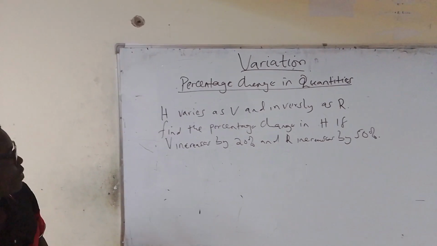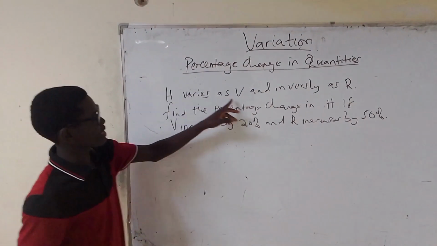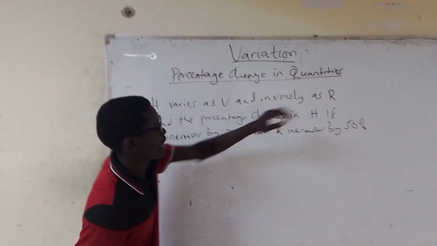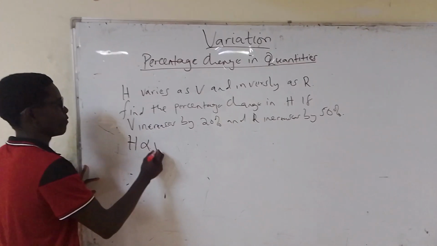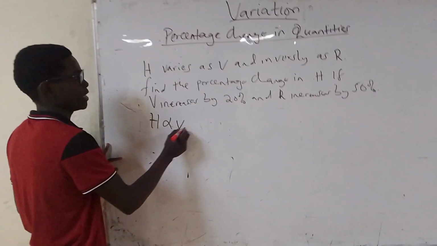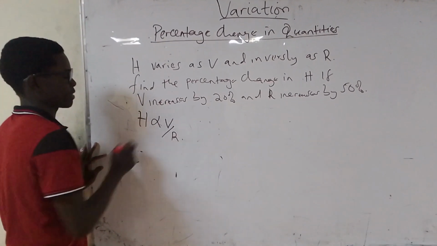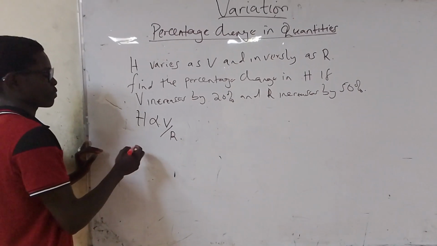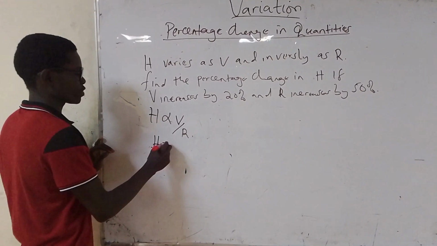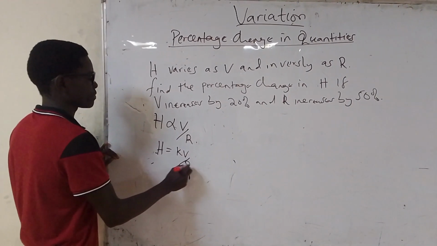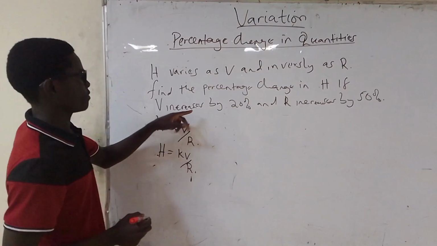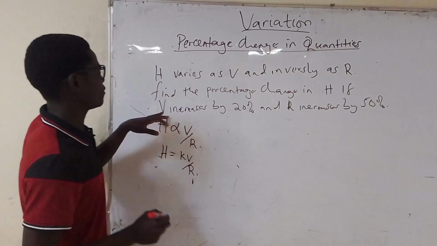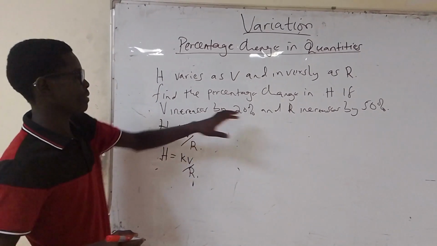Last example. H varies as V and inversely as R. So we introduce the constant of proportionality. H equals KV over R. Then find the percentage change in H if V increases by 20%.